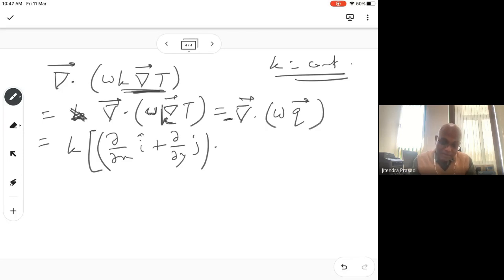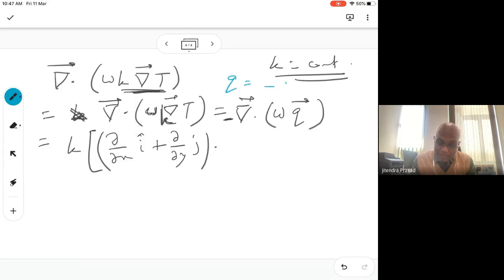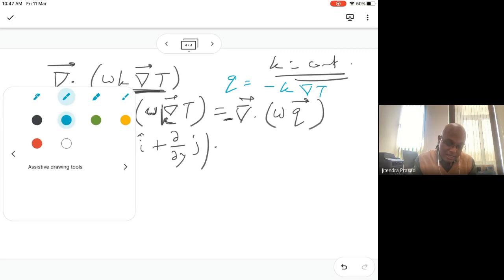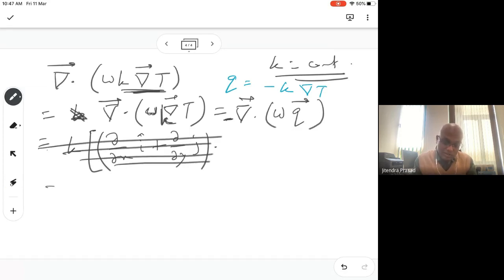The minus is there because q equals minus k del T, and hence we are writing it this way. We converted back to this form so that it is easy to understand and operate. So we have put minus here because of this. So it is equal to minus, and then we have, no need to cut like this, we'll just cut this.